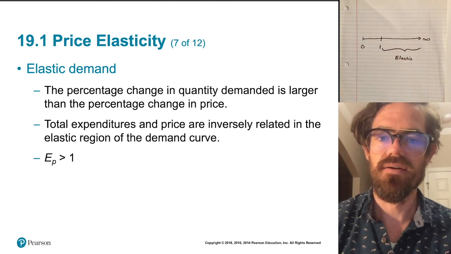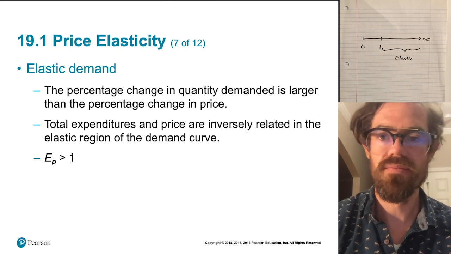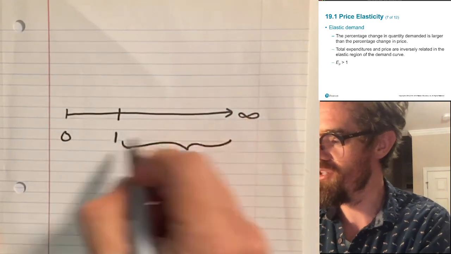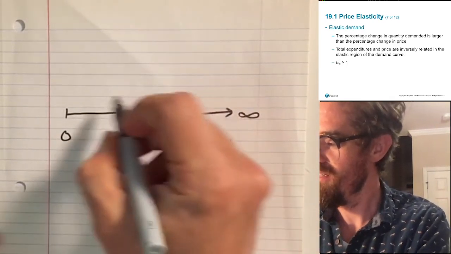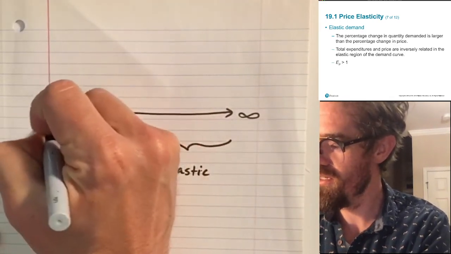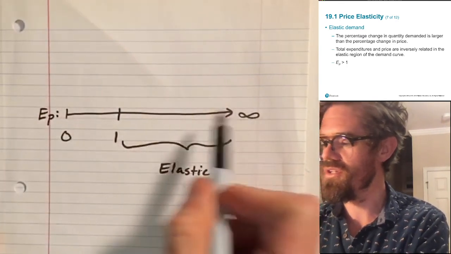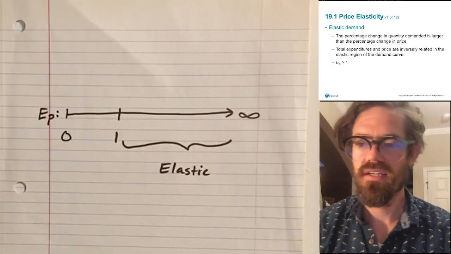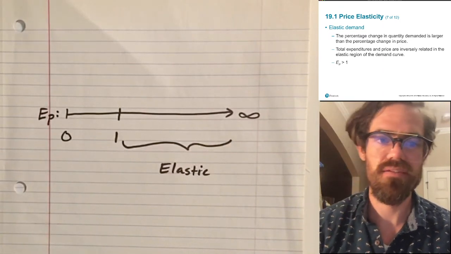Okay. Let me switch back over to the doc cam so you can see that better. Right. So if EP falls anywhere in this region from 1 to infinity, we say that that good has elastic demand.